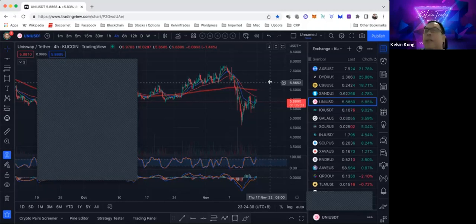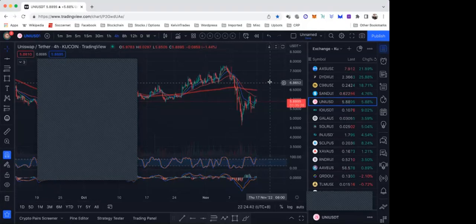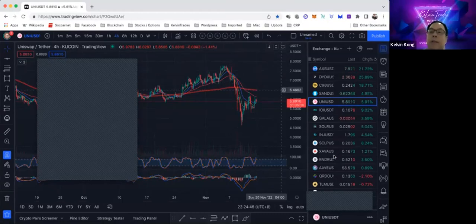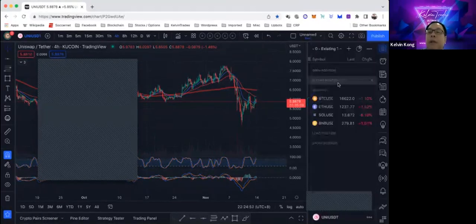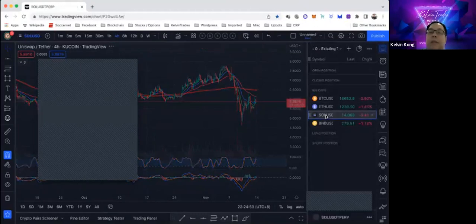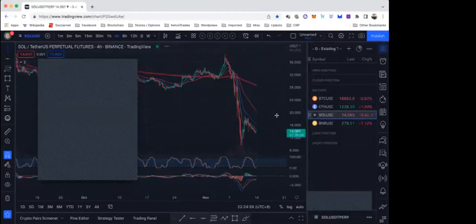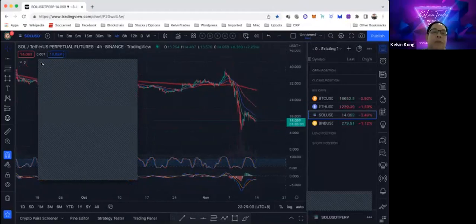I see. Bitcoin, Ethereum, Solana. By the way, is there still a presence of Solana now? Yeah, why not? It's a good time to buy for long-term hold. Okay. Let me see Solana. So Solana is now $14. Who would have thought that Solana will go down to $14?